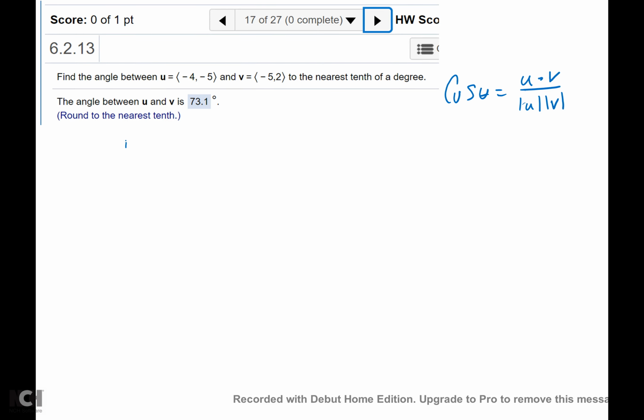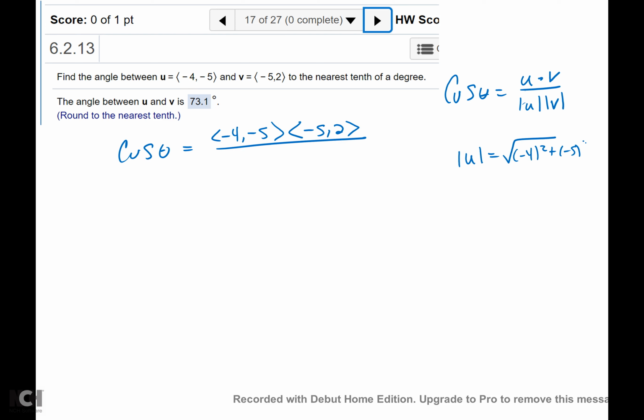So, we say cosine theta equals negative 4, negative 5 times negative 5, 2 over, I've got to figure out the magnitude of u, which is going to be the square root of negative 4 squared plus negative 5 squared, which is the square root of 41. I've got to find the magnitude of v, which is the square root of negative 5 squared plus 2 squared, which is the square root of 29. So I have, on bottom, the square root of 41 times the square root of 29.